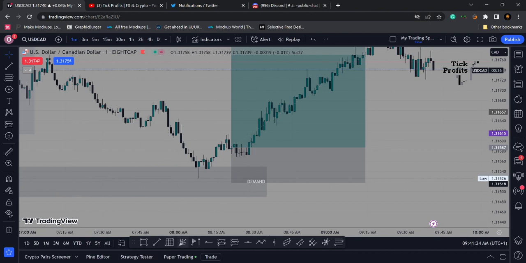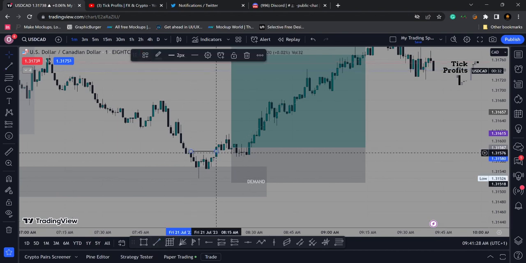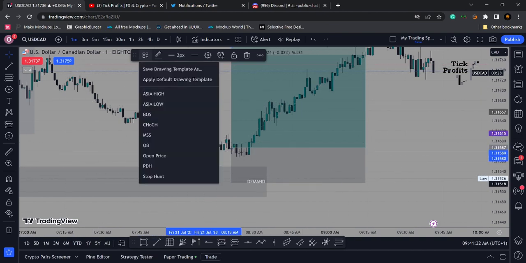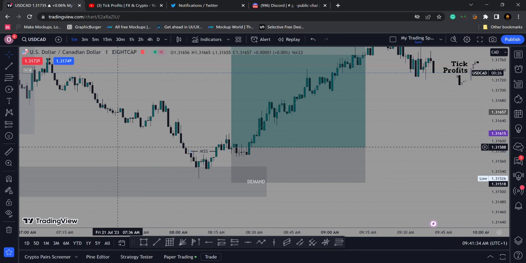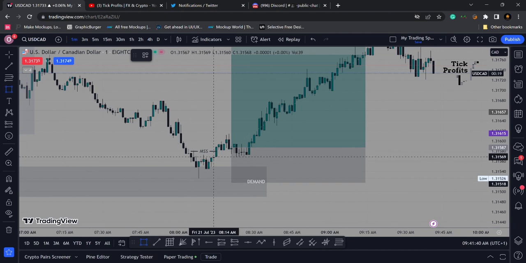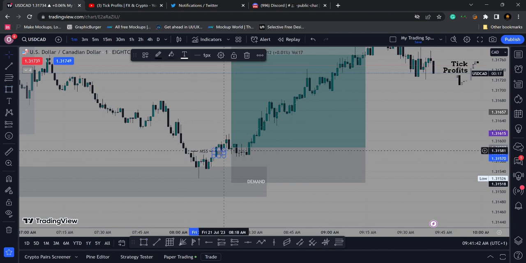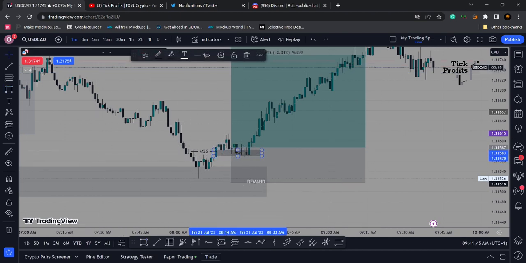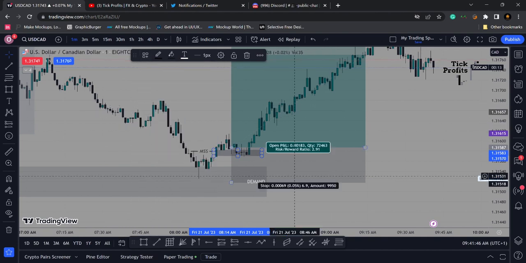We have a little bit of market structure shift here, you can see the MSS here. And we also have a small FVG here, an FVG or BPR here.